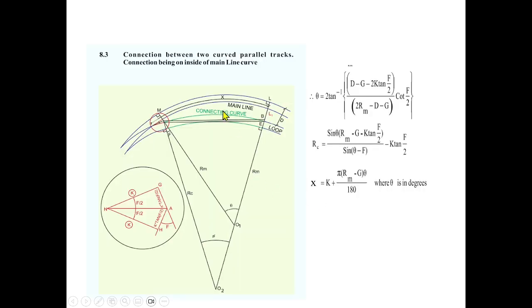As far as this case is concerned, the actual radius is the outer rail radius, but whatever distance we are measuring along the inner rail of the outer rail track, that is why they put total r minus g. Only that difference we make here. For converting into degrees, we use pi by 180. With this, we can proceed.